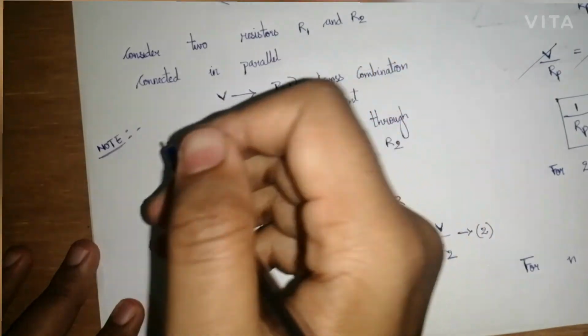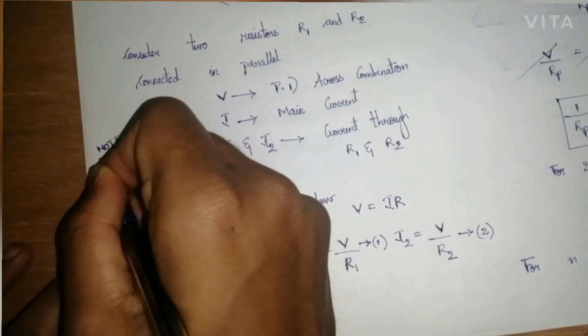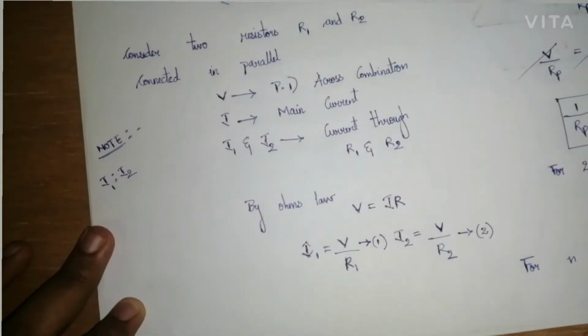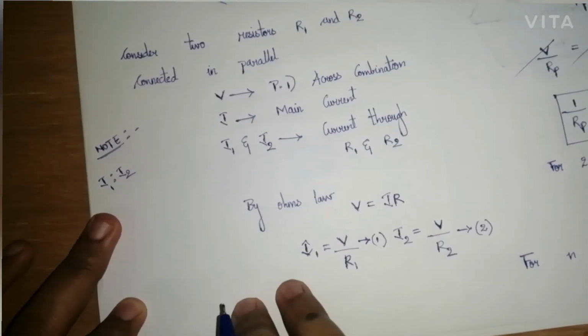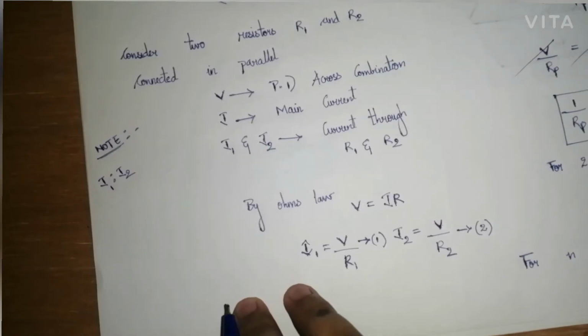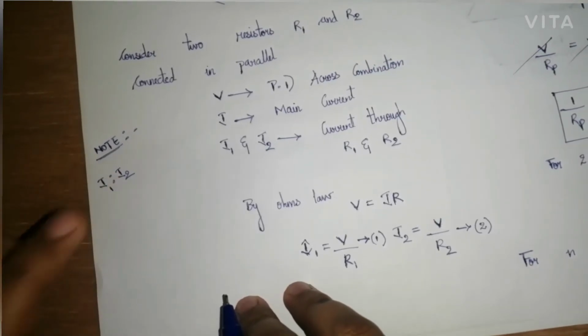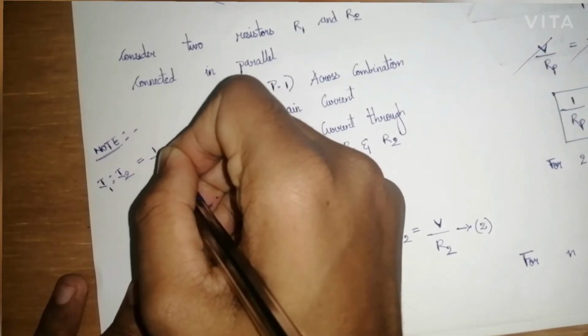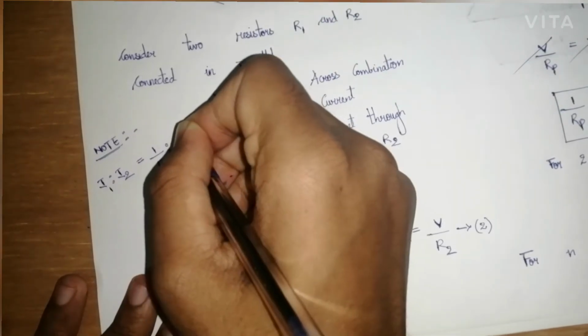As I already told you, if you have I1 is to I2, there it was V1 is to V2, because there your potential was varying, here your current is varying, so it will be 1 over R1 is to 1 over R2.